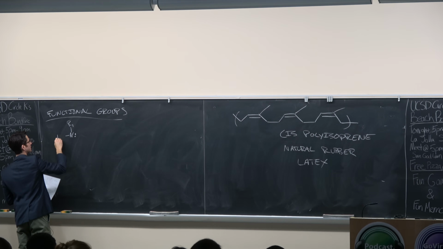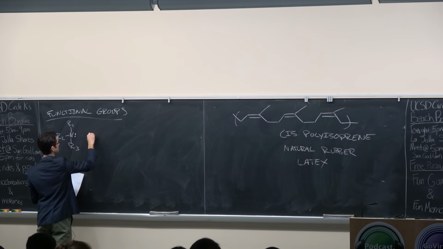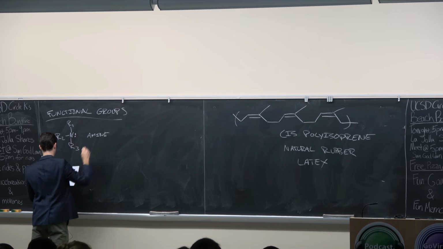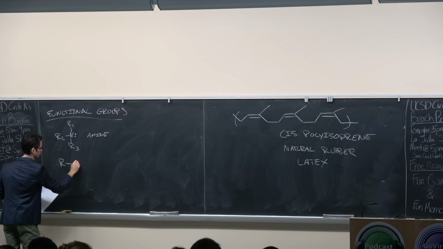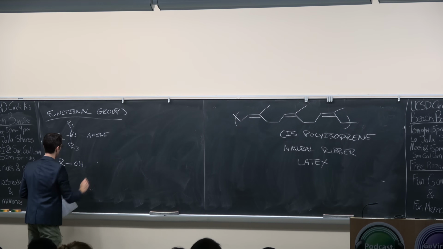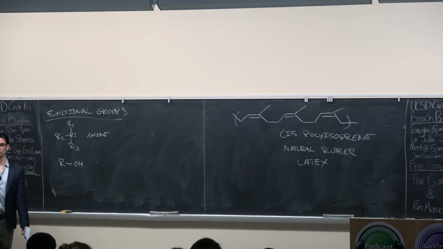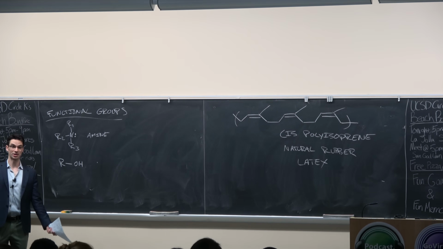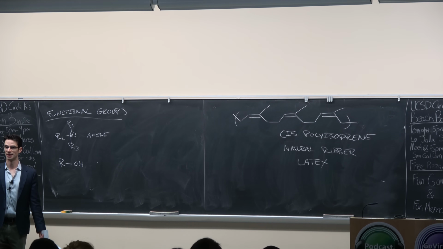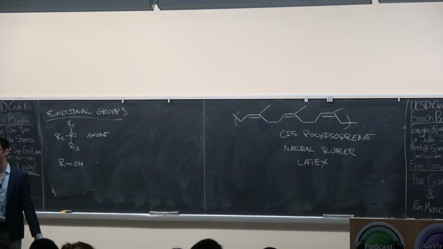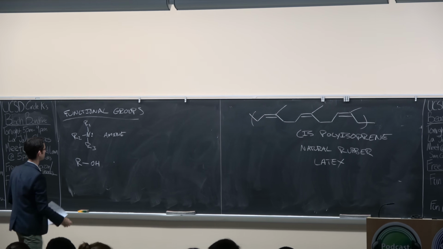So this one, which has a nitrogen atom, is called an amine. This ROH. R is a variable in chemistry language. R can be anything. It's usually a hydrocarbon chain, usually some carbon-containing thing, but not always, but almost always.